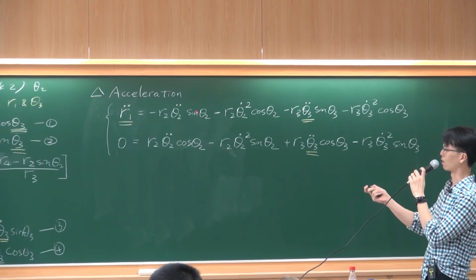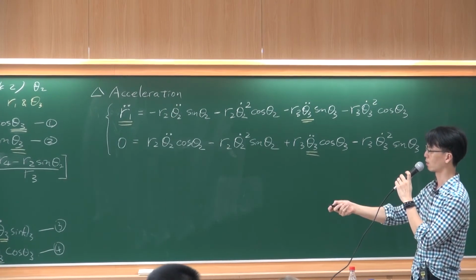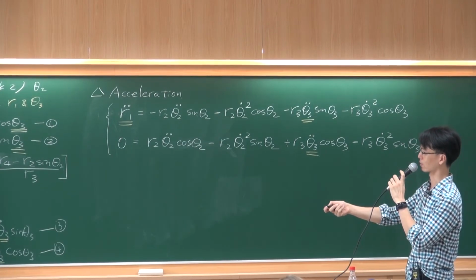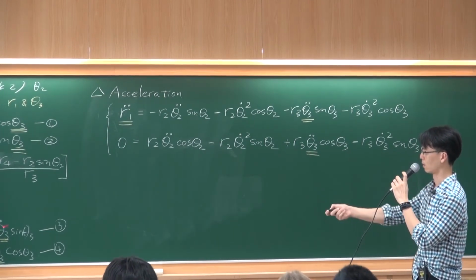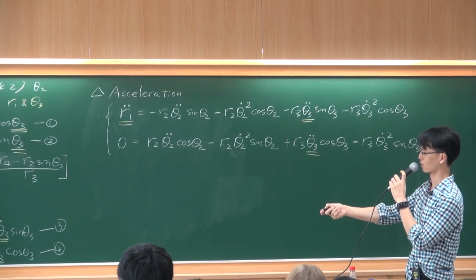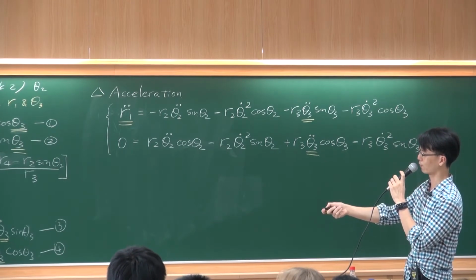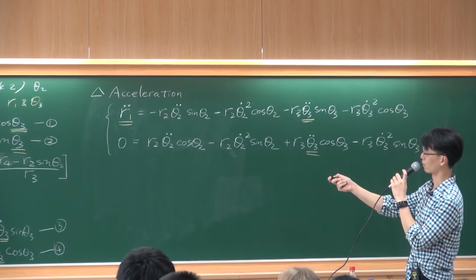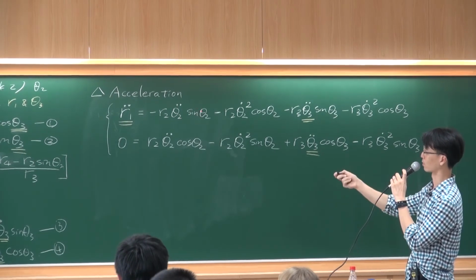So you can see there are just more terms for the acceleration. And for R1, the time derivative of R1 dot will be just R1 double dot. But for this R2 theta 2 dot sine theta 2, the first time you do a time derivative for this theta 2 dot, you will get R2 theta 2 double dot times sine theta 2.